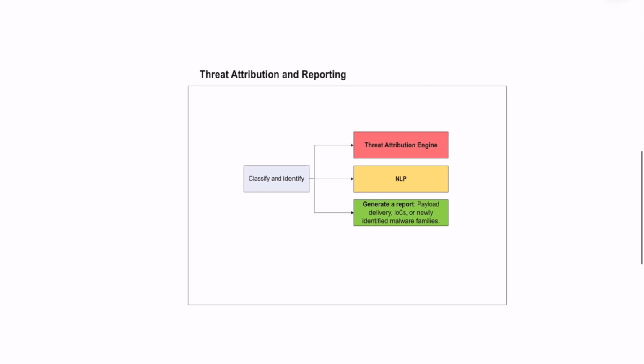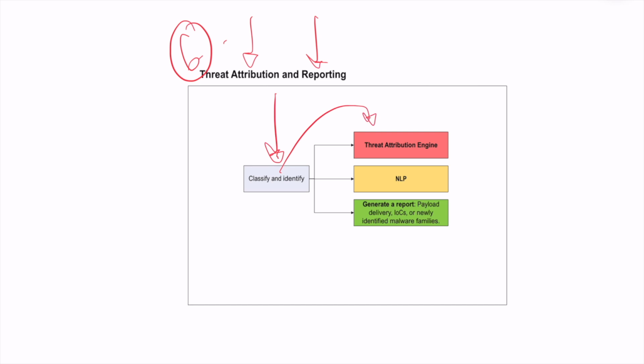Now, looking at step number 6, threat attribution and reporting. The specific objective here is to classify the malware strains and identify their origin. What specific actions could you take to identify that? You could use the Falcon X threat attribution engine, which combines behavioral patterns with metadata analytics. Second, you could use the engine's natural language processing model, which is trained on CrowdStrike threat intelligence reports, to link observed malware behaviors with known threat actor campaigns.